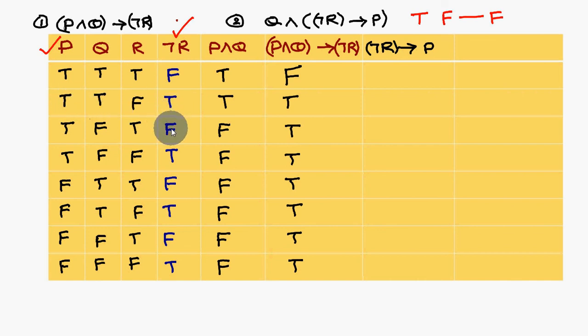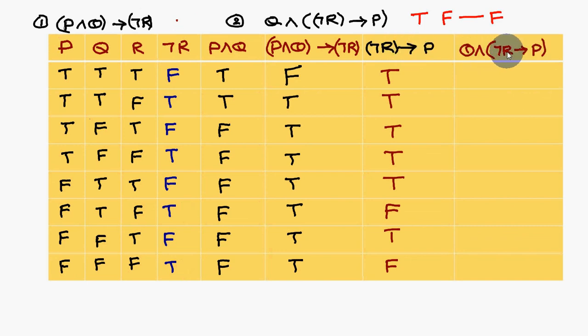Here it is true, false, so you will get false. Again here you will get false. That means two falses and the remaining all are truths. So this is not R conditional P.